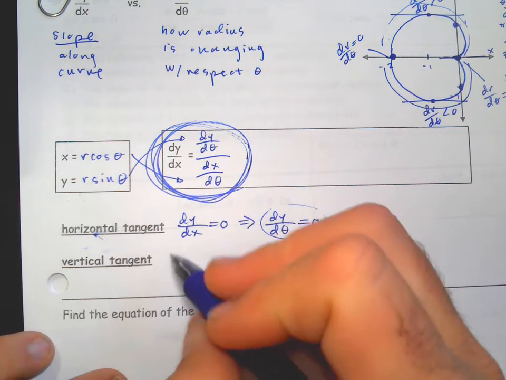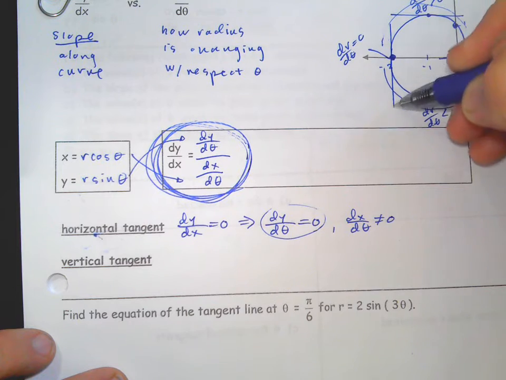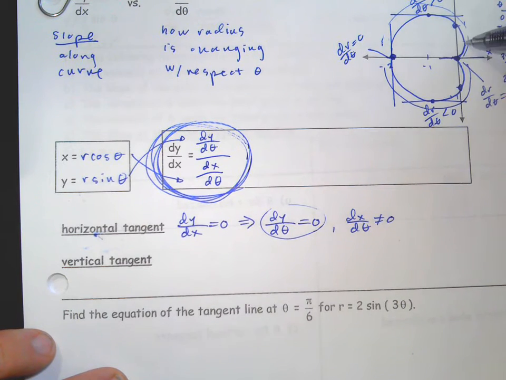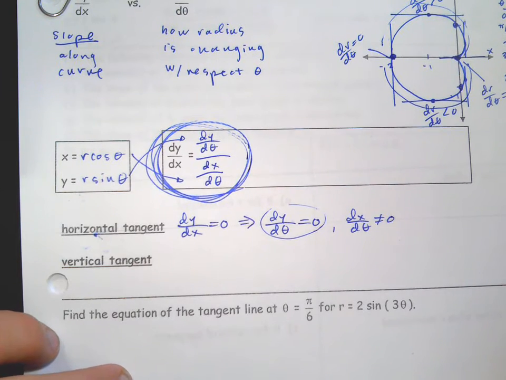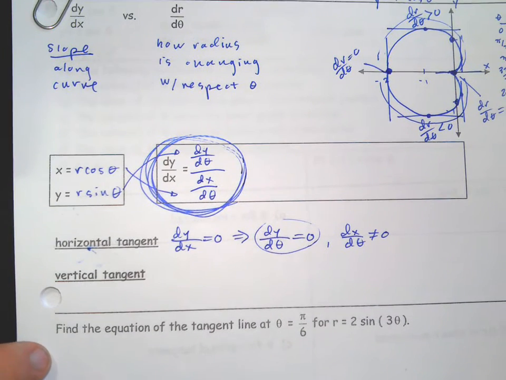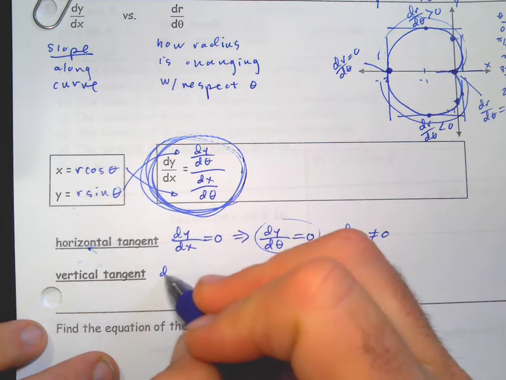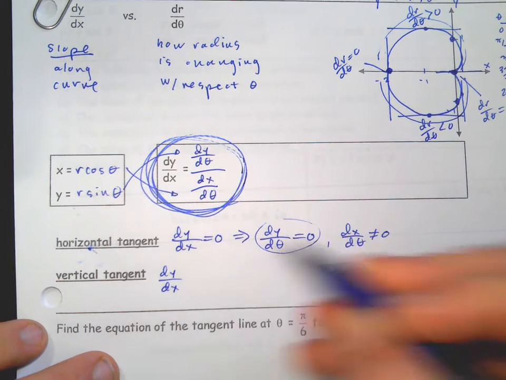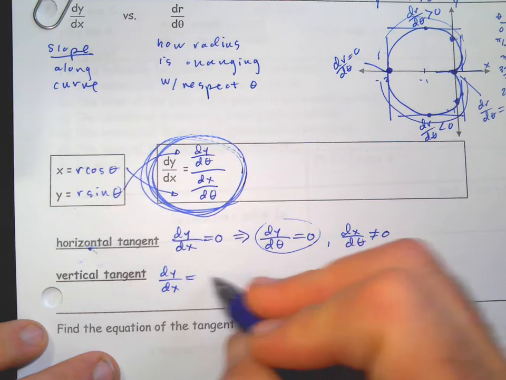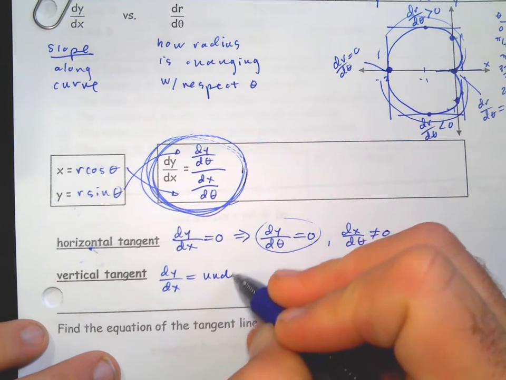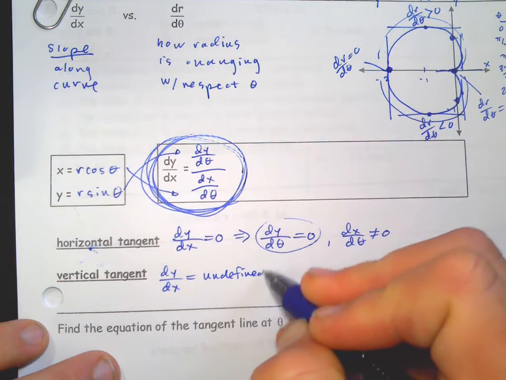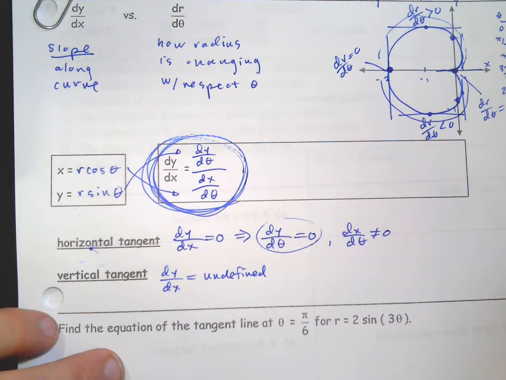A vertical tangent would be when it's straight up and down. So there, here, here. With sketches, you can see how many you expect to get and where they're at, so when you go to find them, you'll feel more confident. Now this is going to be when the slope is infinitely steep, so it's undefined because it's being divided by 0.